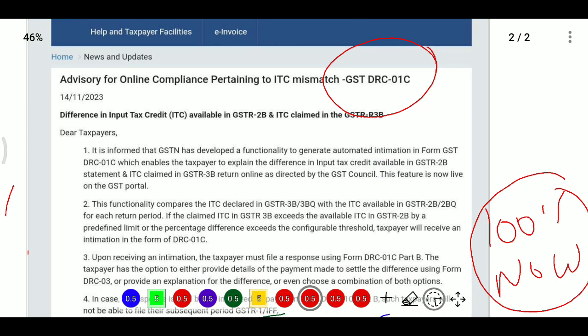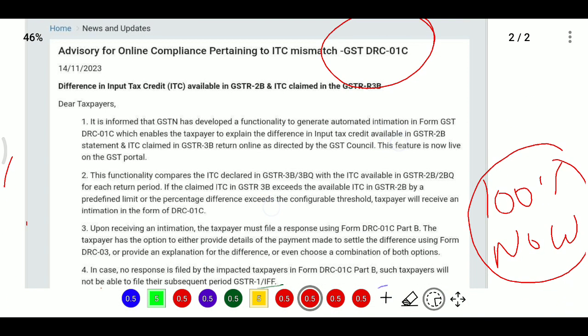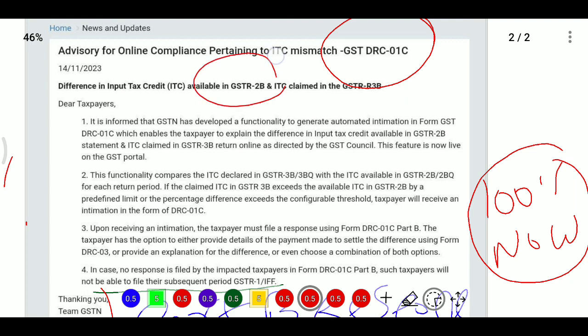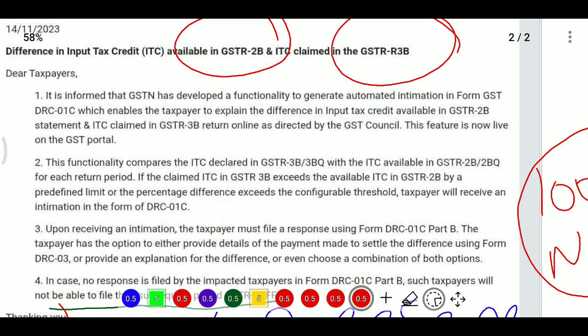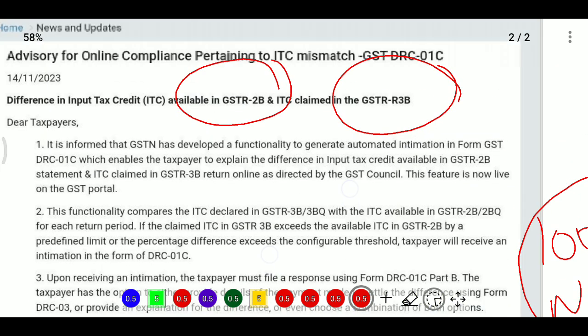And the second advisory, what is there in the second advisory? GST DRC 01C, that is the difference in ITC available in GSTR2B versus GSTR3B. If you have a different ITC in these cases, you need to make some payments or you need to provide an explanation. What is the first point?